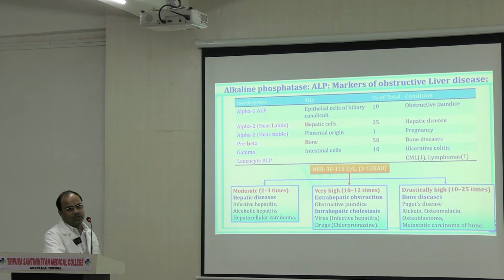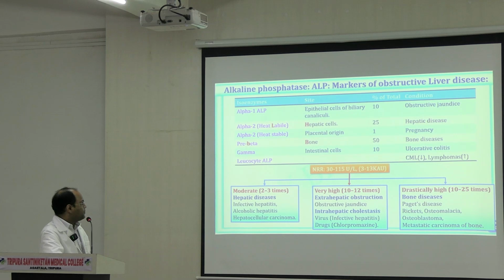In case of bone disease, the level may increase. In some physiological conditions, like young children and the adolescent period, when bone osteoblastic activity is high, the level may increase. It is approximately 50%.